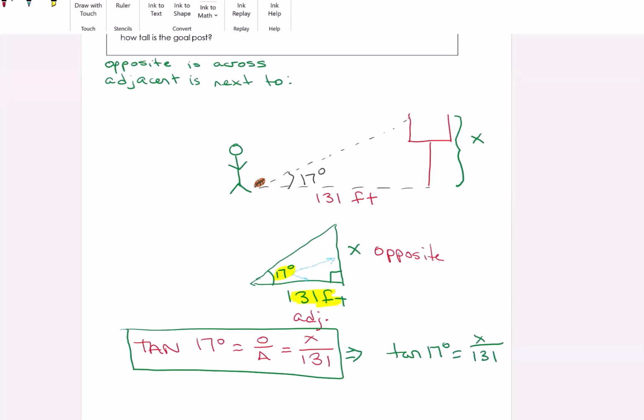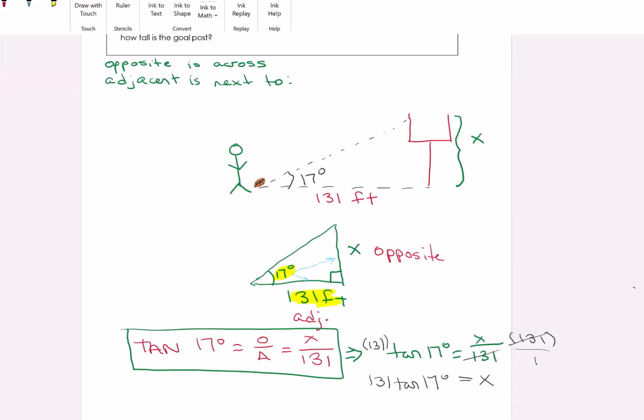Now I can multiply both sides by 131 because I want to get rid of my denominator. And if I multiply, this is really over 1. This cancels with this. And over on the right-hand side, I just get x. On the left-hand side, I get 131 times the tangent of 17 degrees.